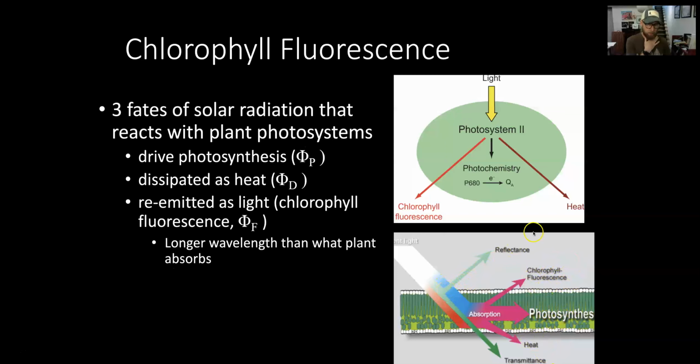It would be reflected from the leaf, and then some of that light gets transmitted right through the leaf itself. And we talked about that a little bit during the light reactions lecture, so I just wanted to make sure to highlight all the different paths that light can take once it hits a leaf. These three fates of light are what happens once it gets absorbed by photosystem 2.